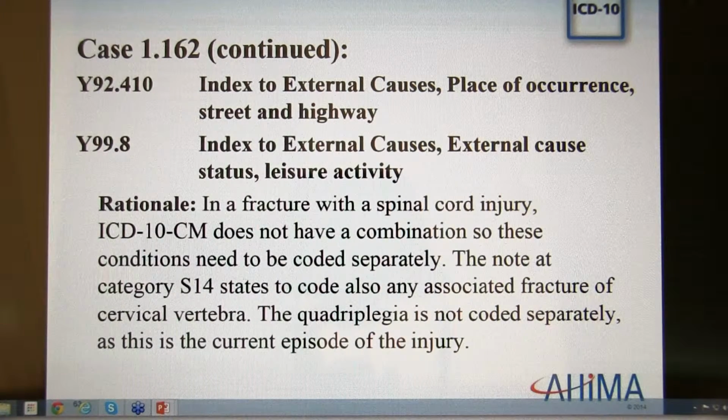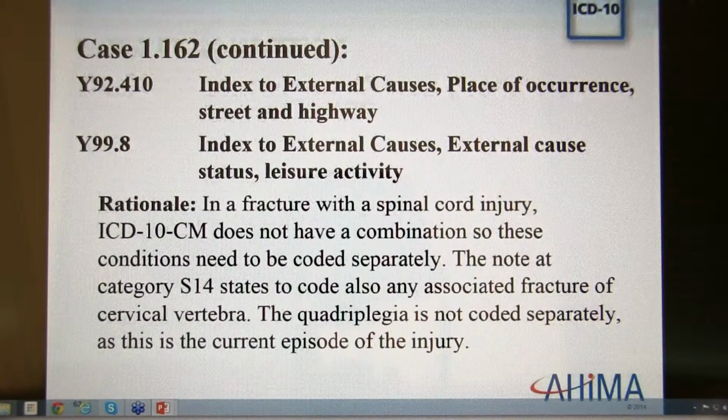So fracture with spinal cord injury, we don't have combination codes there, so we're going to have 2 separate codes for that. S14, our code there, also stated that if there was any associated fracture, to code that as well. And then quadriplegia is not coded separately as it's the current episode of the injury.